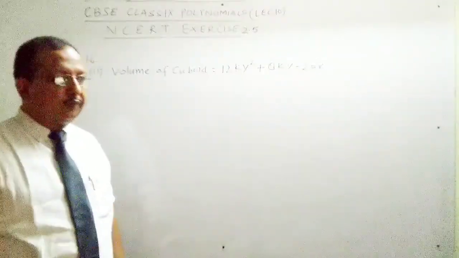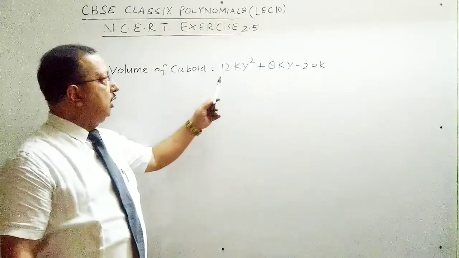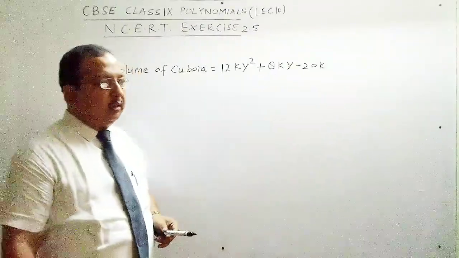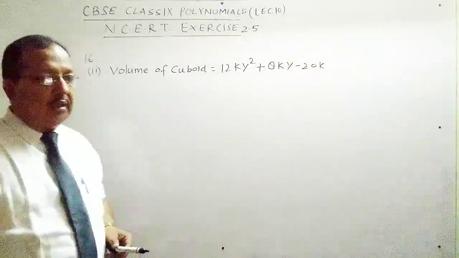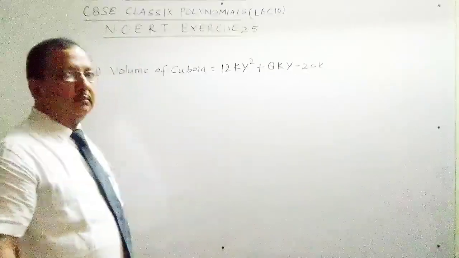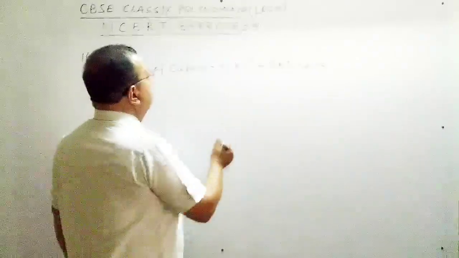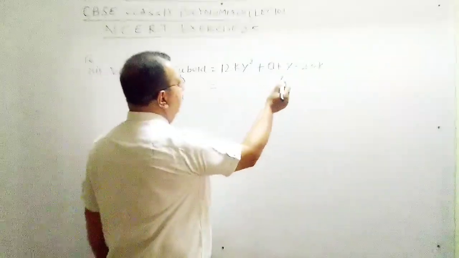The second part of question number 16. Volume of cuboid is 12ky square plus 8ky minus 20k, and we have to find the possible expressions for the length, breadth and height of the given cuboid. So for that we factorize the given polynomial. You see 12, 8 and 20.